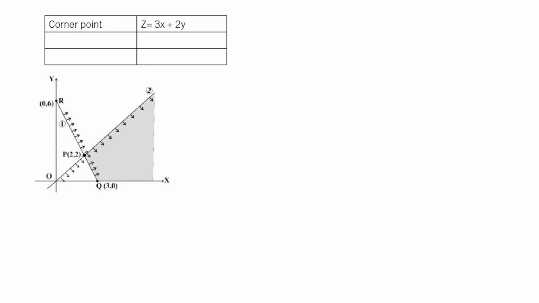So for that, first let us find the value of z at the corner points. The corner points are P(2, 2) and Q(3, 0). So at P(2, 2) the value of z is 10 and at Q(3, 0) the value of z is 9. So this is the minimum value.